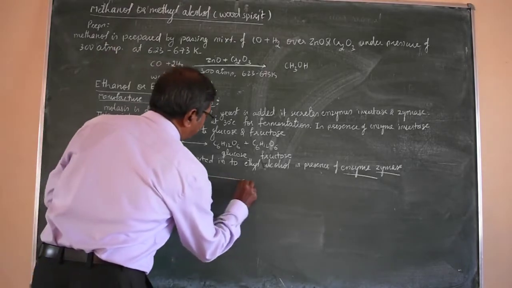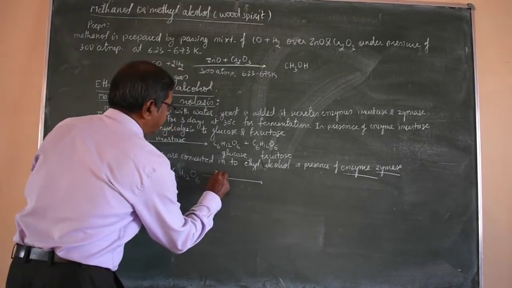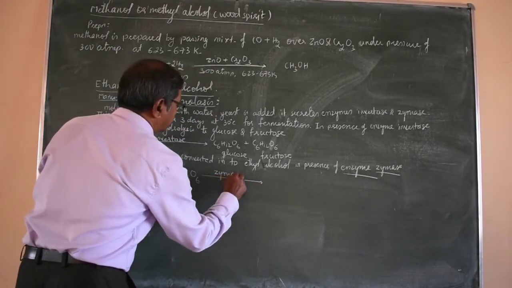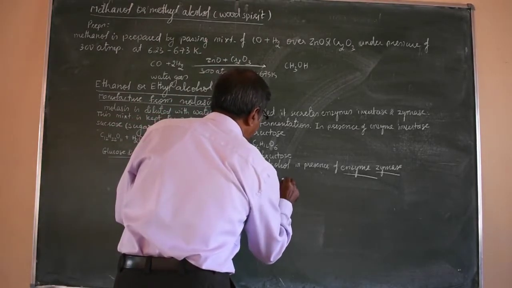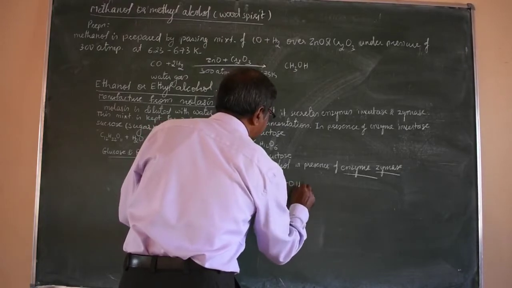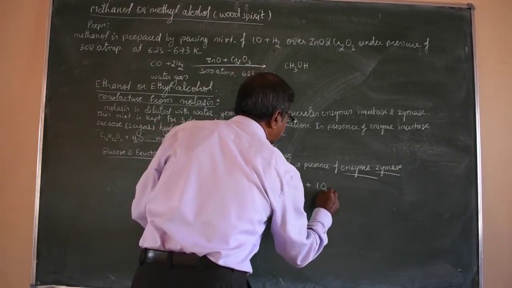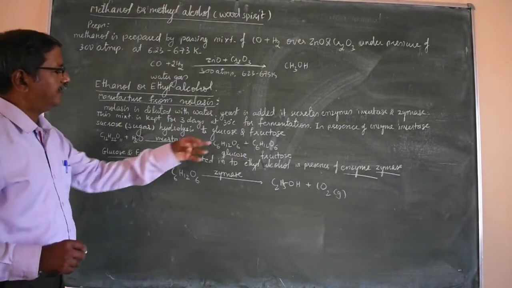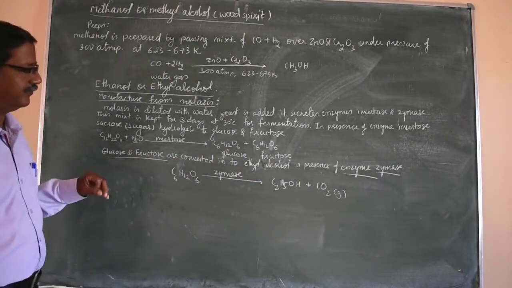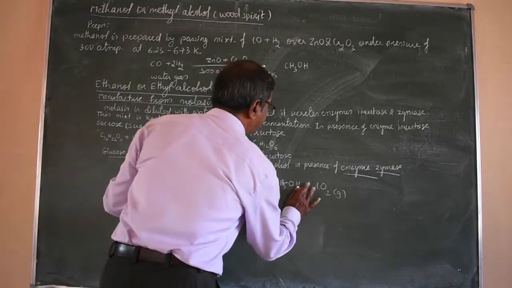In presence of enzymes, the product is C2H5OH and you are getting CO2. Well, here you are getting dilute alcohol. Now we have to balance the equation.